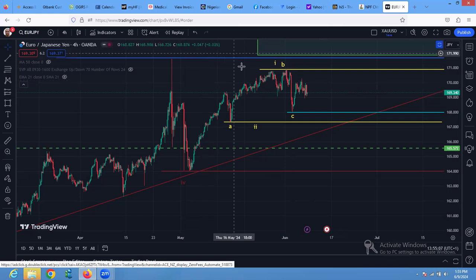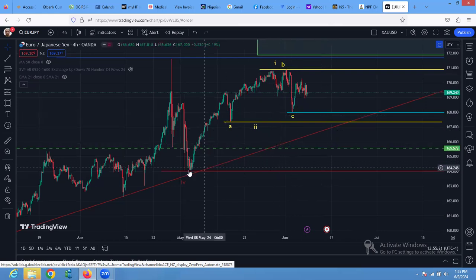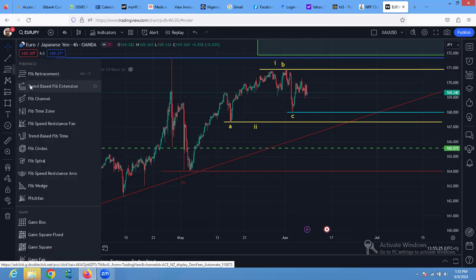So once we do our wave 3, whatever height it gives us, we now know that we have marked wave 3. Then from wave 3, we know where we are likely going to relinquish position and begin to come down again. So what we need to do now is to find a 100 extension to the upside.